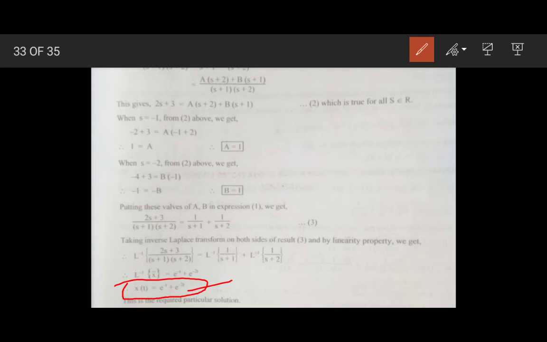Okay, let's see one more sum. So here the question is: solve L into di upon dt plus R i equal to V using Laplace transform. So we know that the first step is we are going to take Laplace transform on both sides.